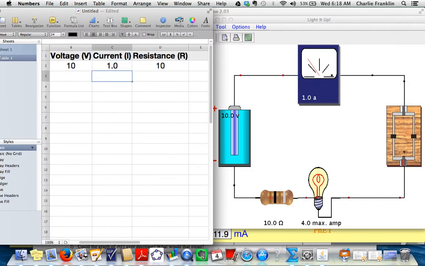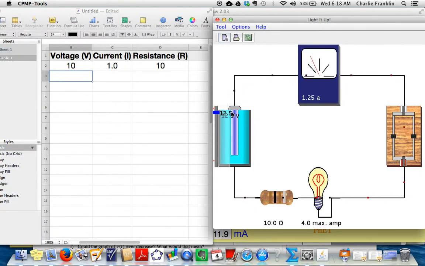And without more data, there's not a lot I can tell about this so far. So let's see what happens when I raise the voltage. Let's see what happens to the current. I'm going to keep the resistance at 10 and raise the voltage. So let's raise the voltage up to, say, 20.